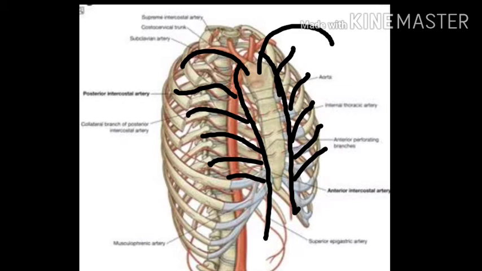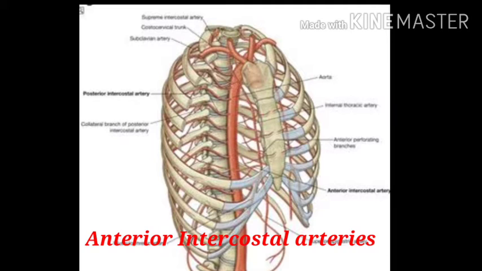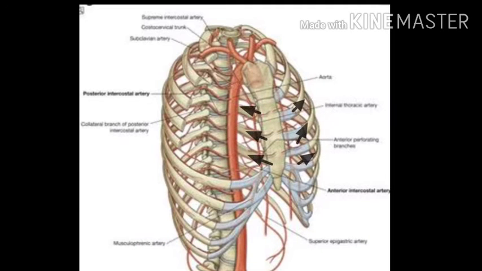Many branches arise from this internal thoracic artery, known as the anterior intercostal arteries. The anterior intercostal arteries, which arise from the internal thoracic artery anteriorly, move posteriorly, and the posterior intercostal arteries, which arise from the aorta, move anteriorly, thus anastomosing with each other.